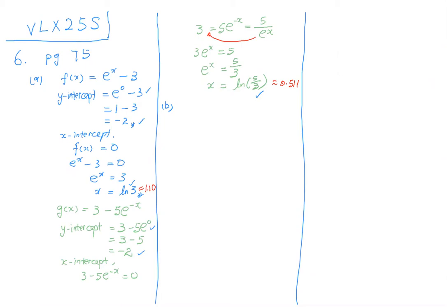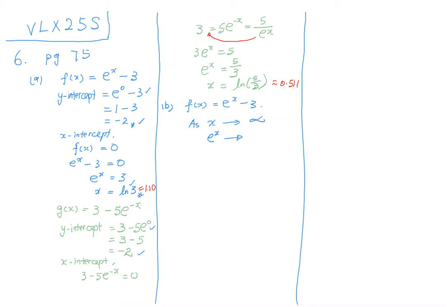Okay, so now we shall do our f(x), which is e to the power x minus 3. So we have two portions to study. One is as x approaches infinity. I told you already, when we study, we study term by term. So if x approaches infinity, what happens to e to the power x?